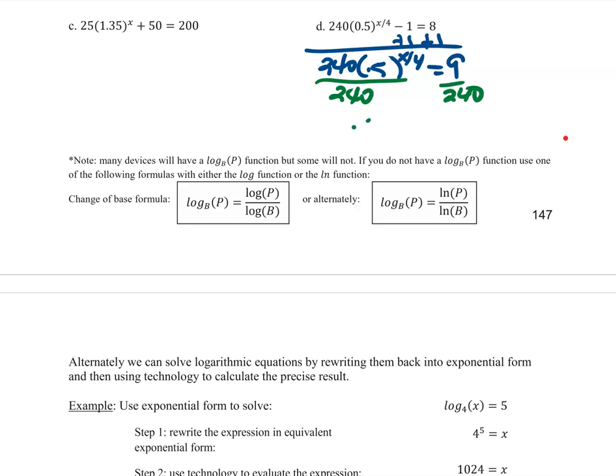So that is 0.5. Remember our topic last activity with a fractional exponent.